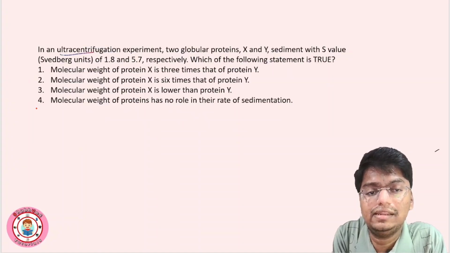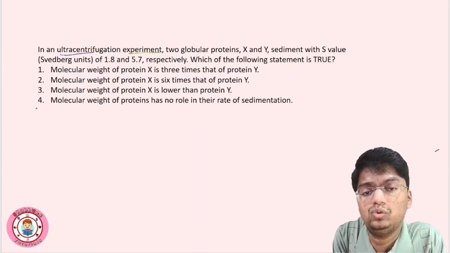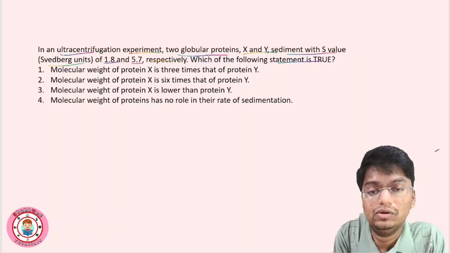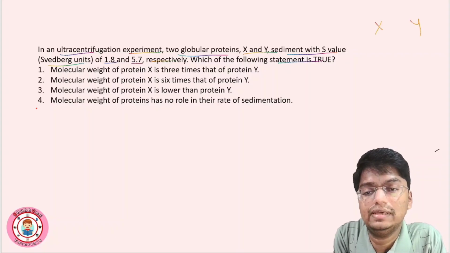Next, in an ultracentrifugation experiment, 2 globular proteins X and Y sediment with S values, that is Svedberg units, of 1.8 and 5.7 respectively. Which of the following statements is true? X has a value of 1.8 Svedberg and Y has 5.7 Svedberg.